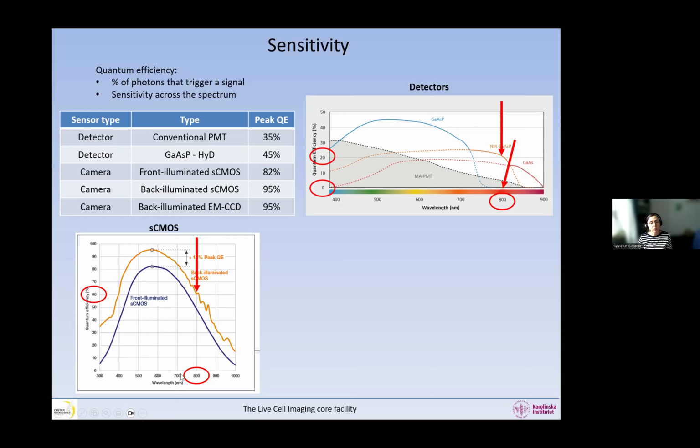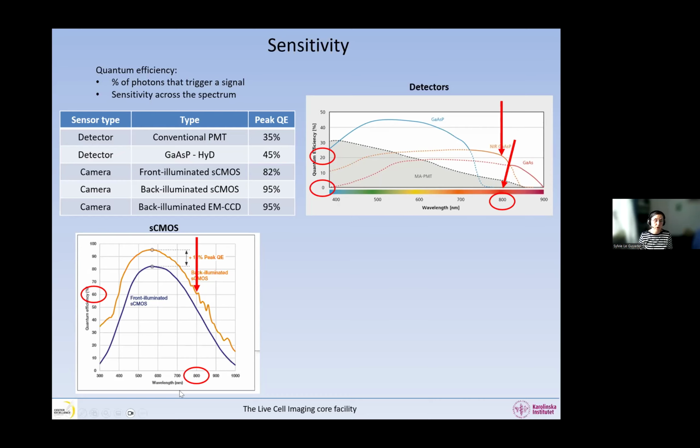And the reason why I point out 800 nanometers is because there's a very strong development in the near infrared for the fluorophores. So the tendency is very much to go into the near infrared, because if we would go to the shorter wavelengths, they are very aggressive for the sample. So the longer wavelengths have a bit less resolution, but they are anyway very gentle, and they're also more penetrant.